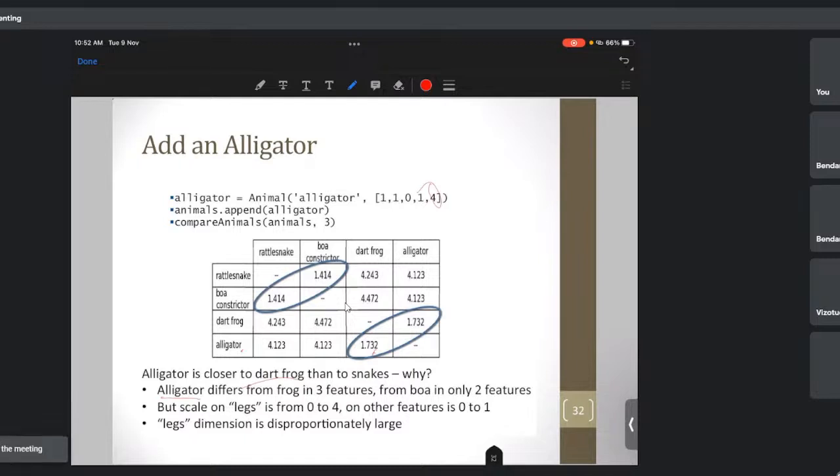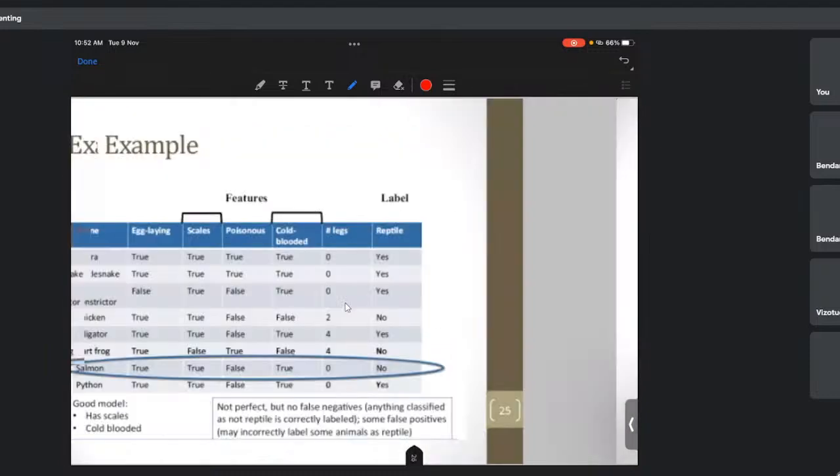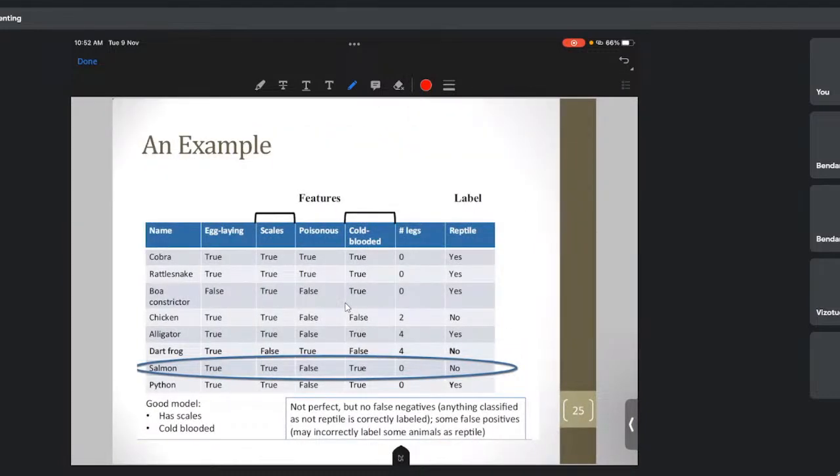So we can see that though this method is theoretically okay, there are some constraints. What are the constraints? What features should we consider? Here we are considering features like egg-laying, skulls, poisonous, cold-blooded. So is there any other feature that is helpful to distinguish these creatures that we have missed?